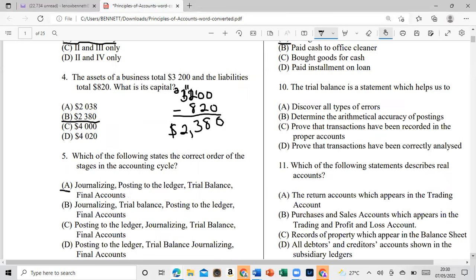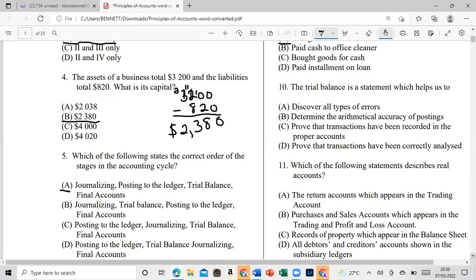All right, let's look at number 10. Trial balance is a statement which helps us to A, discover all types of errors, B, determine arithmetical accuracy of posting, C, prove that transactions have been recorded in the proper account, or D, prove transactions have been correctly analyzed.